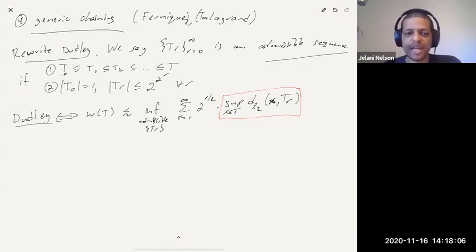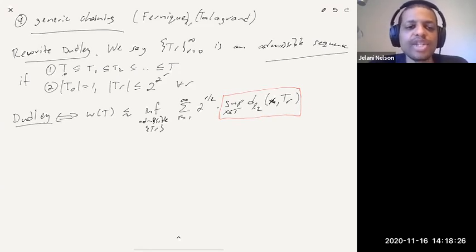Right? And in fact, the reason that it really is Dudley in disguise is, if you think about it, like, okay, so let's say Dudley says I'm going to take a 1 net, then a half net, then a quarter net, then an eighth net, etc. I'm going to make epsilon be 1 over 2 to the s. Okay. So initially, in this thing that I wrote down, initially our budget for the size of T_r is 1, because T0 is size 1.